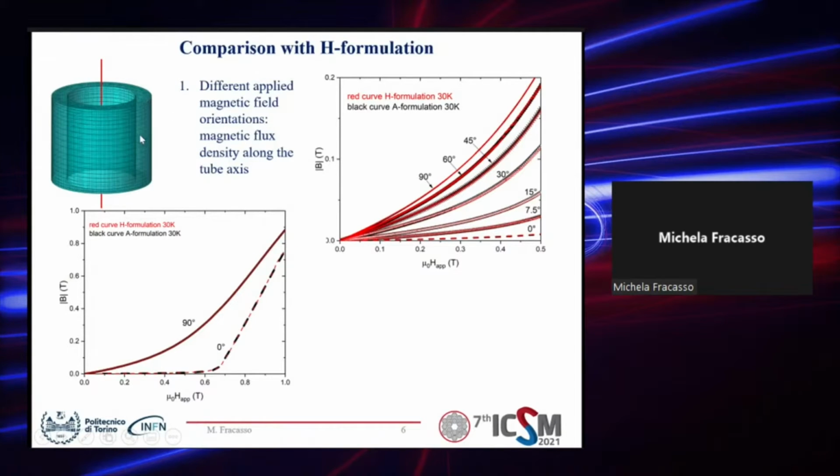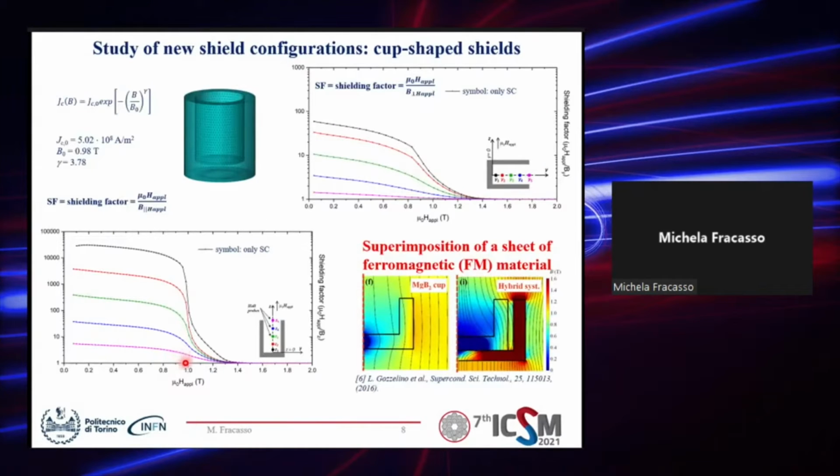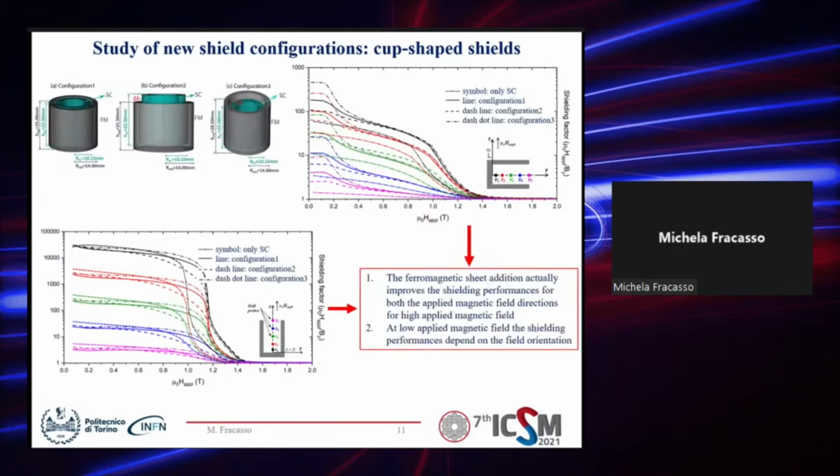As the first approach along an axial field, the only superconductive shield is to superimpose a ferromagnetic shield. And we studied the ferromagnetic height dependence at three different values.